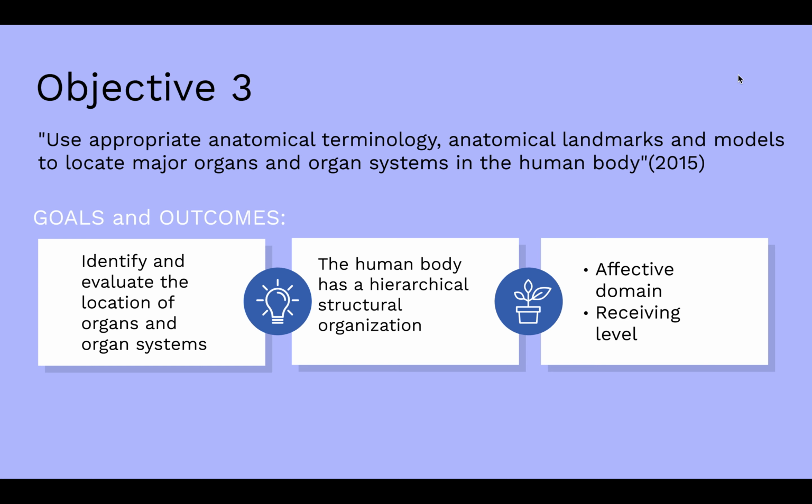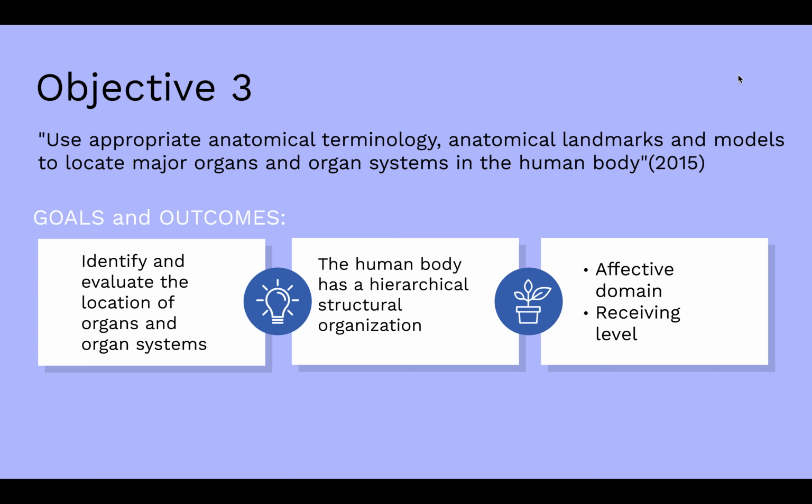The third objective will be to use appropriate anatomical terminology, anatomical landmarks, and models to locate major organs and organ systems in the human body. The goals and the outcomes for this objective will be to identify and evaluate the location of these organs and organ systems.